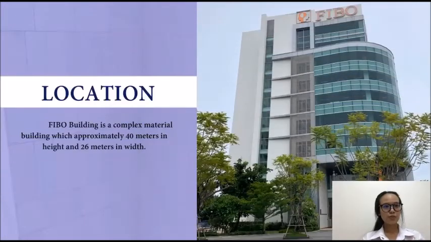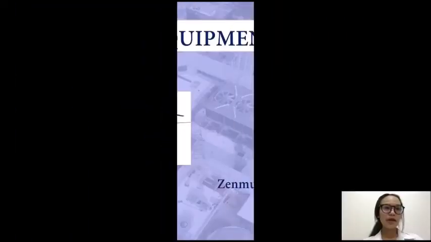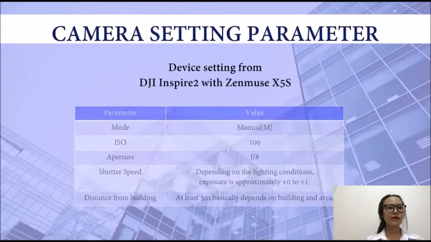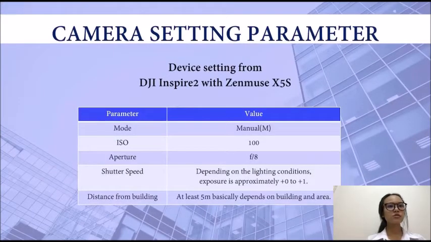The case that we use for the project is the fiber building, which is a complex of buildings made of concrete and glass. The equipment used in the project is a DJI Inspire 2 drone with a Zenmuse X5S camera. The camera setting is manual mode. The light sensitivity, or ISO value, is 100.